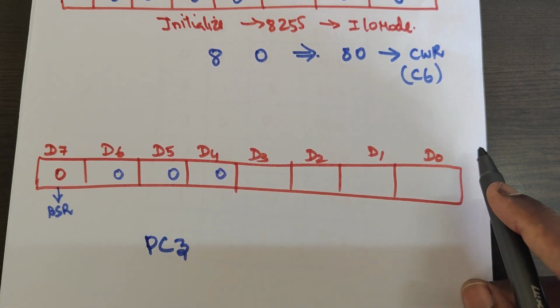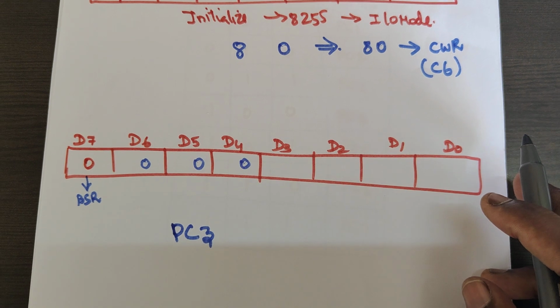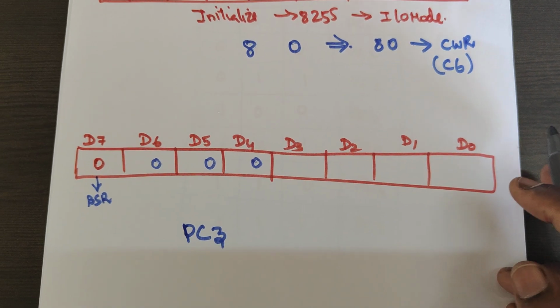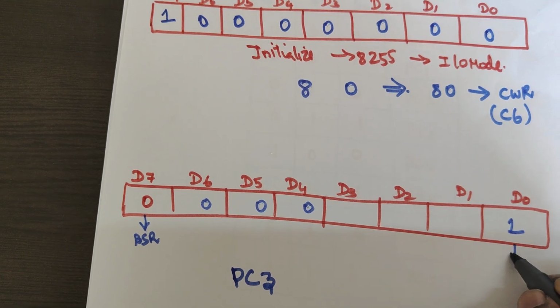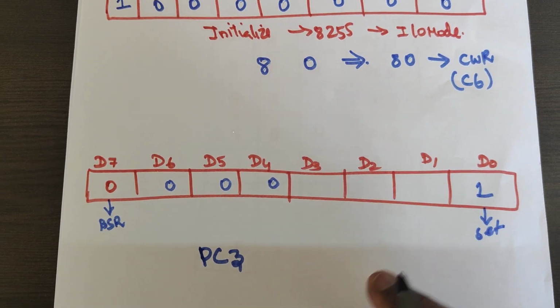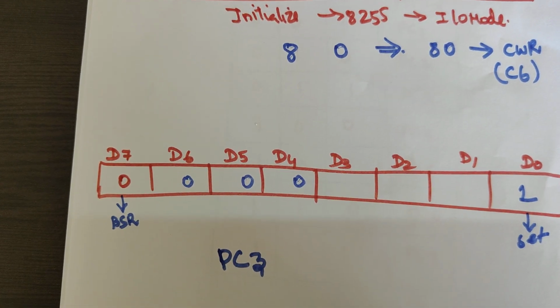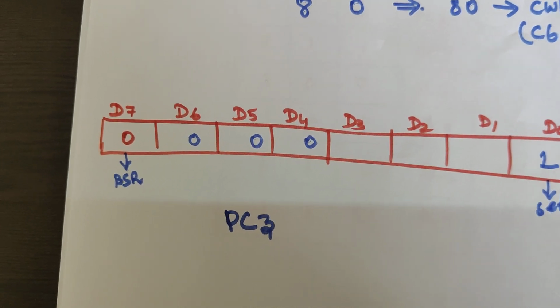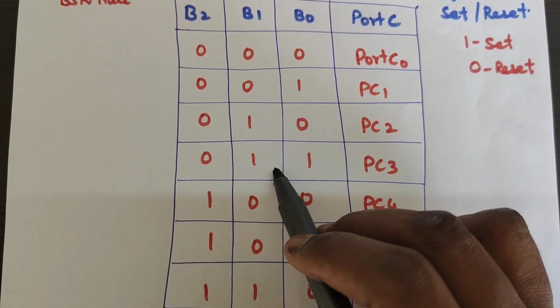D0 will tell you whether to set or reset. I am going to write the program to set the particular bit in port C, so I will give it as 1. Next, which bit have been chosen? PC3. For PC3, what value should I give? 0 1 1.